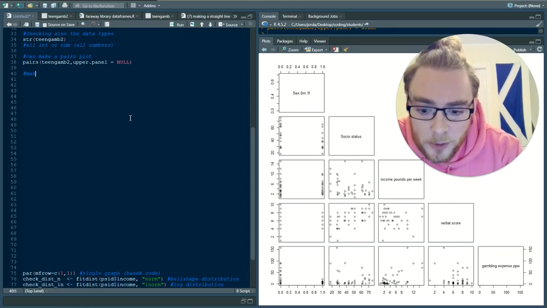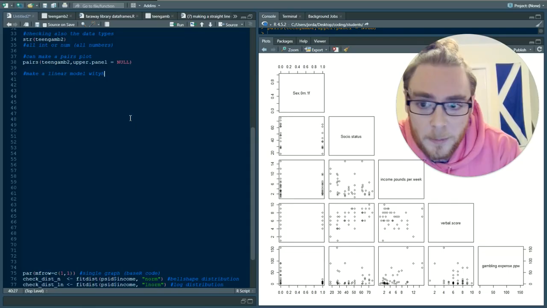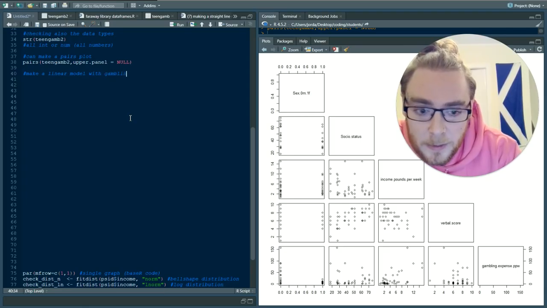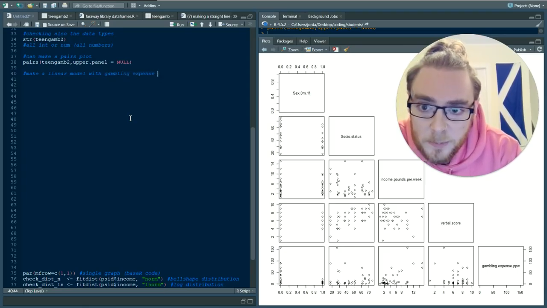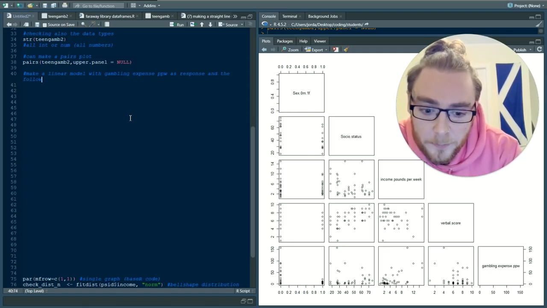Now let's make a linear model that includes gambling expense PPW as response, and the following as predictors.